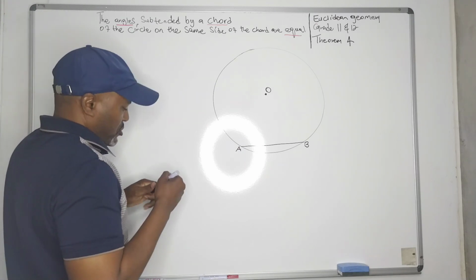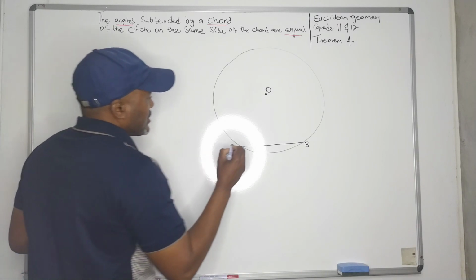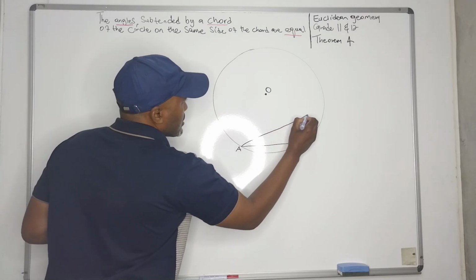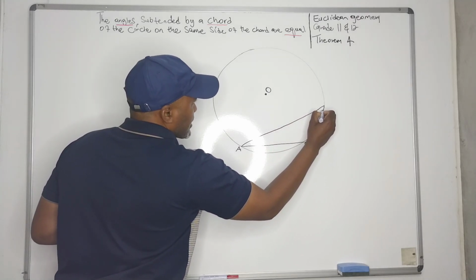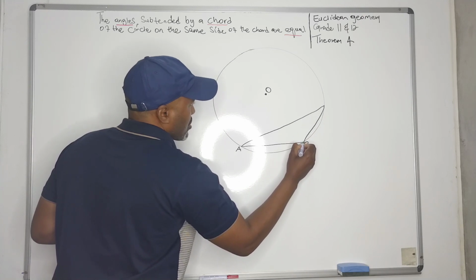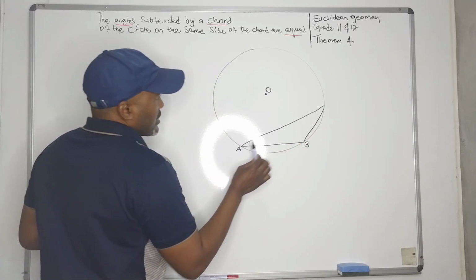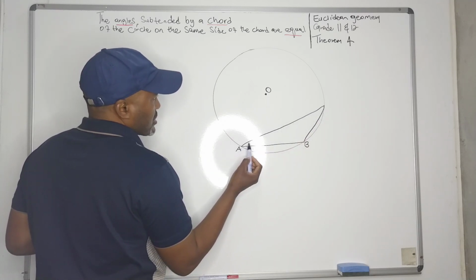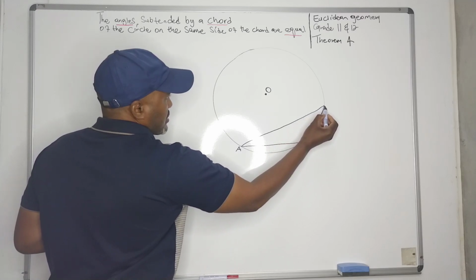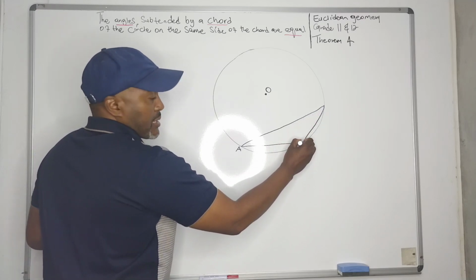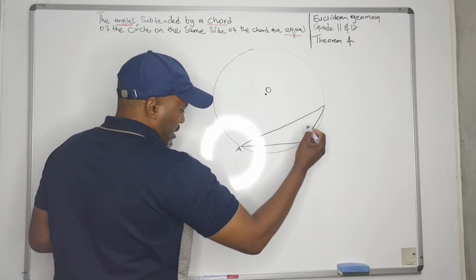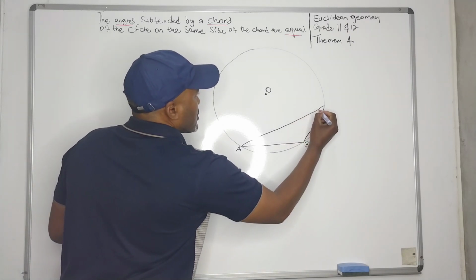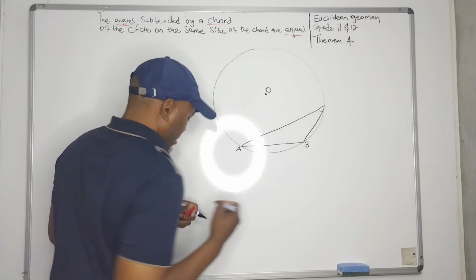So let's create that angle here from the chord to the same chord, right? You can see this angle here, it's from this side of the chord until the other side of the chord. So we're referring to this angle, okay?